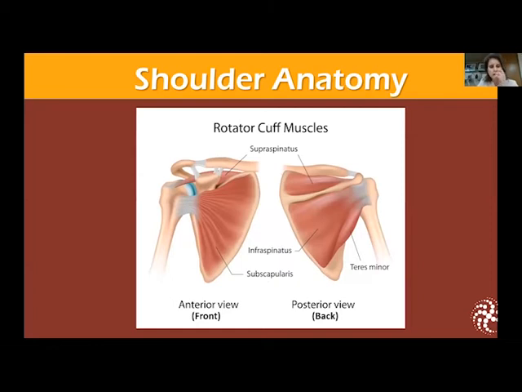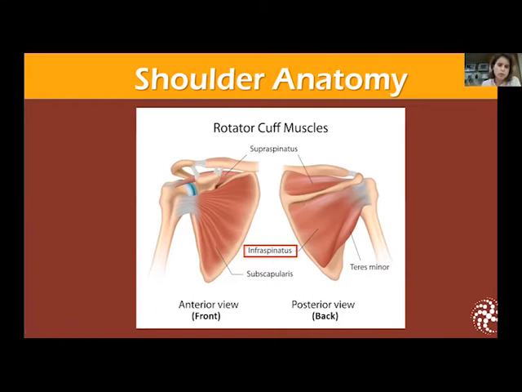So a little bit of anatomy of the rotator cuff muscles. Again, when I talk about the rotator cuff, we're talking about 4 different muscles. The main one that is usually involved in shoulder pain is the supraspinatus, which is the tendon that sits on top of the shoulder blade and inserts right on top of the humerus here. Then there's the infraspinatus, which sits on the back part of the shoulder blade. It's an external rotator, so it rotates your arm out away from the body.